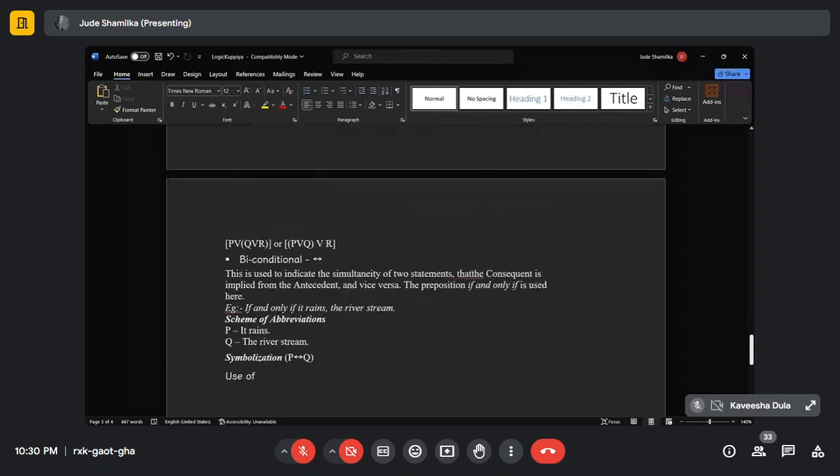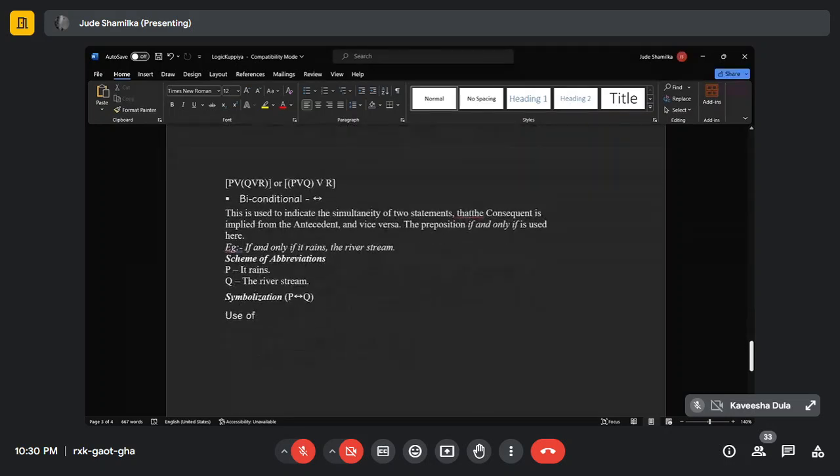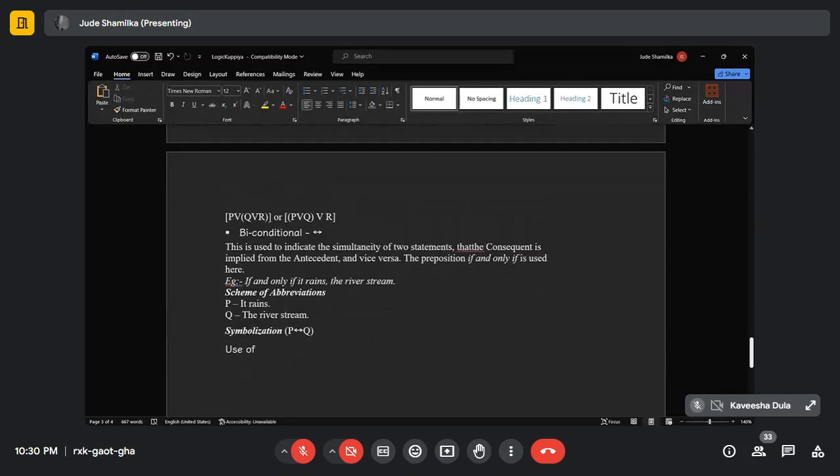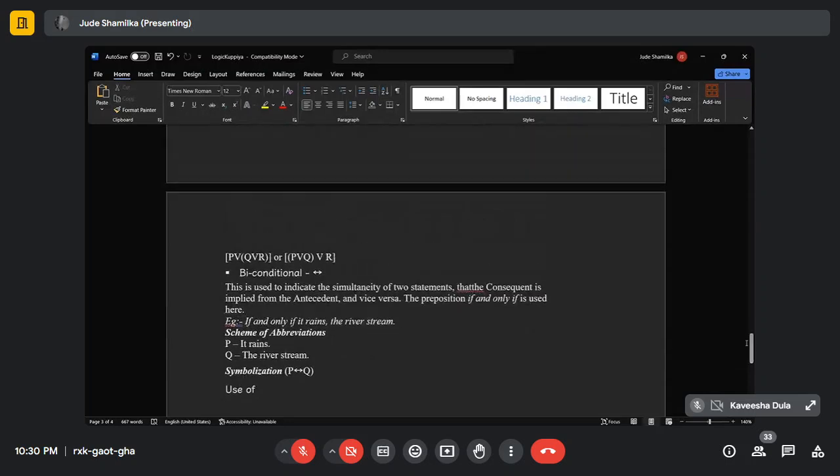And here, biconditional, actually there's nothing much about that here. And the other thing you have in your short note is this: biconditional equals not XOR, which means the negation of the XOR gate.